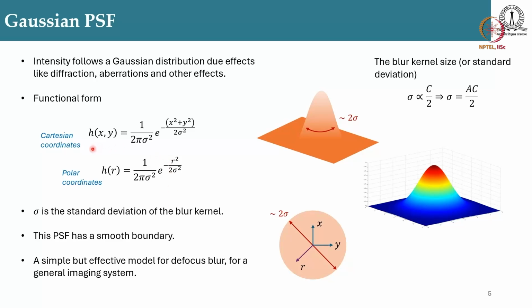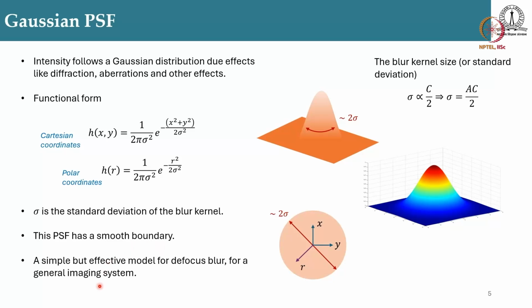You can see in this equation that r square appears with sigma square. So basically sigma is something which is bounding the kernel in the radial direction, and we treat it as a representative length scale for this blur kernel. So this blur kernel is smooth.